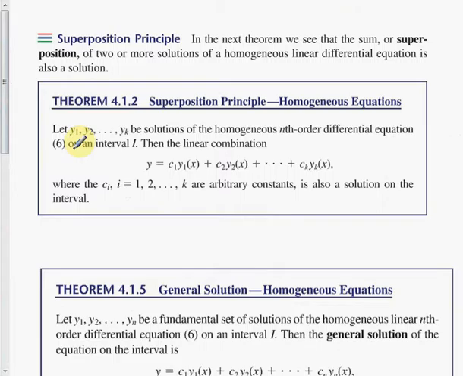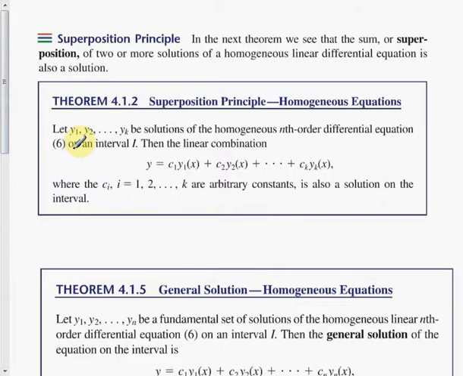So if that be the case, then the general solution for the homogeneous differential equation is y equal to c sub 1 times y sub 1 plus c sub 2 times y sub 2 plus and so on. So the general solution for equation number 6 is a linear combination of that fundamental set, y sub 1 to y sub k.